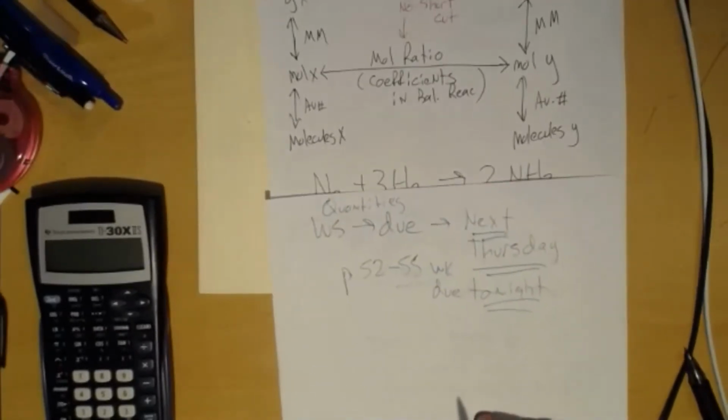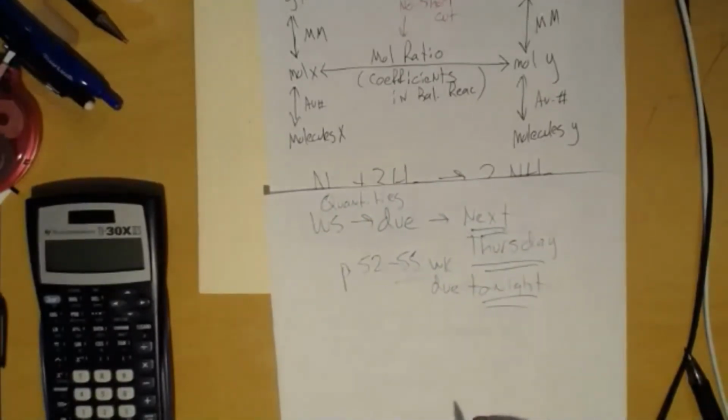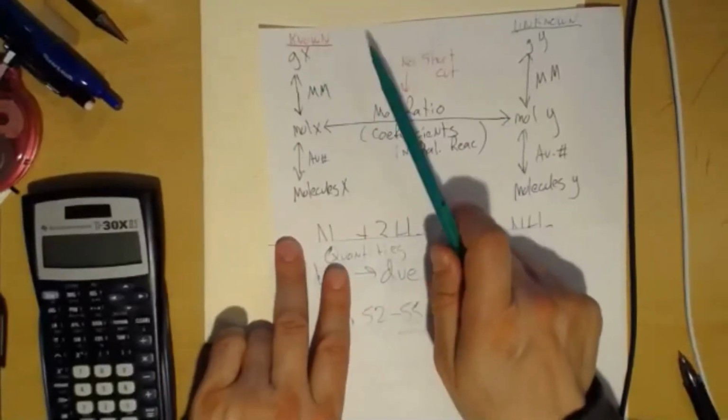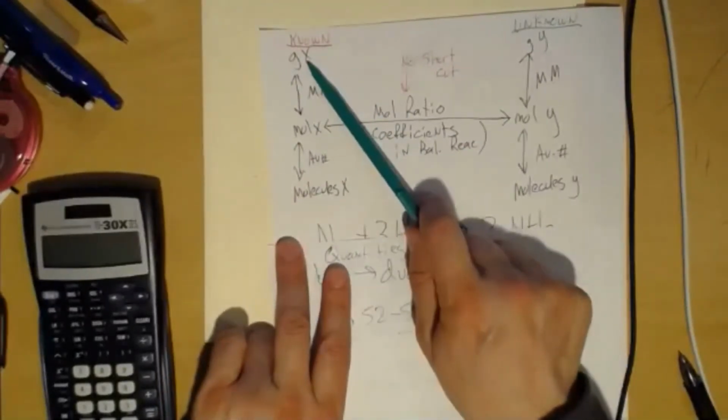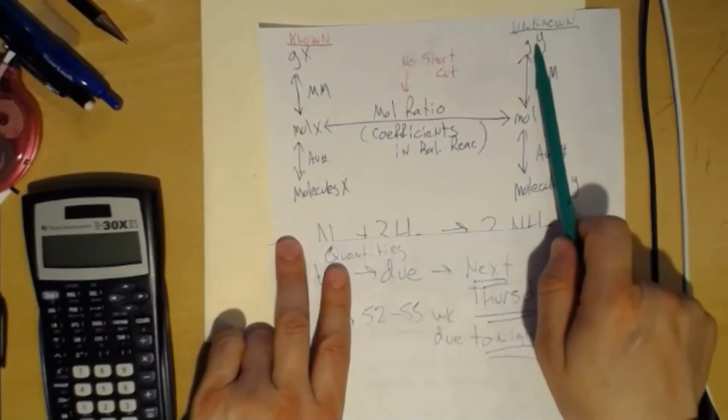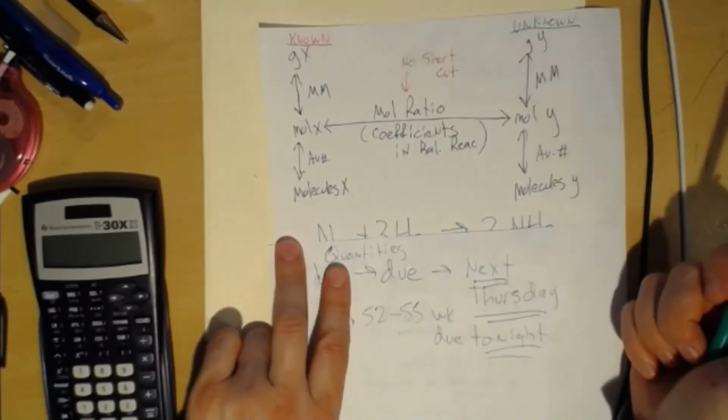Were there other questions? Did I answer his question about the mole subway? I hope I did. Okay. So I guess the main point is be careful. Most commonly, you're going to go from grams of your known to moles of your known to moles of your unknown to grams of your unknown. But that's not the end of the story.